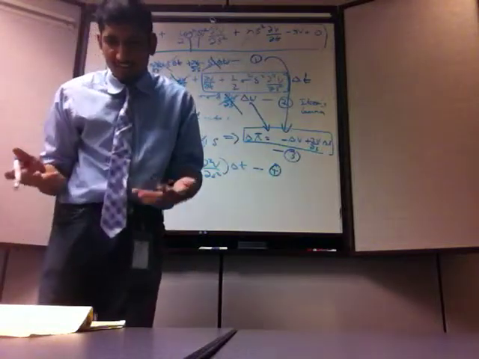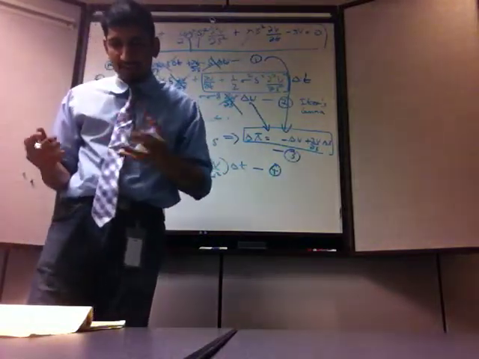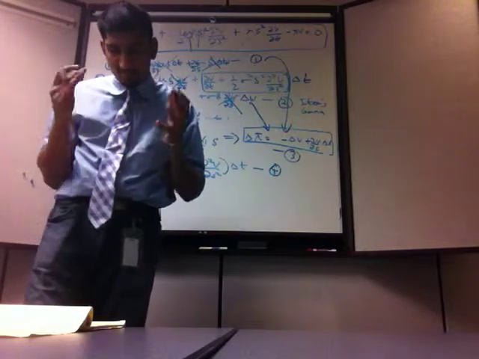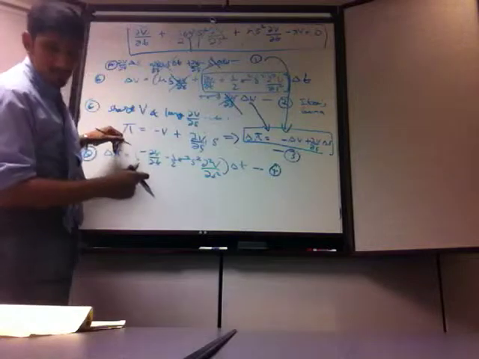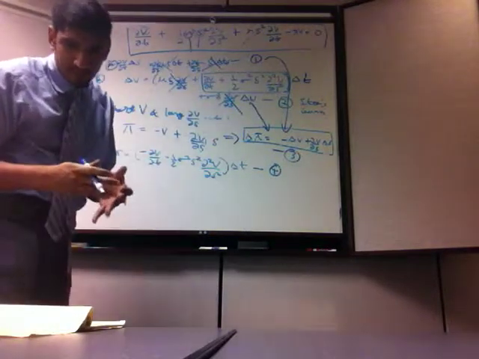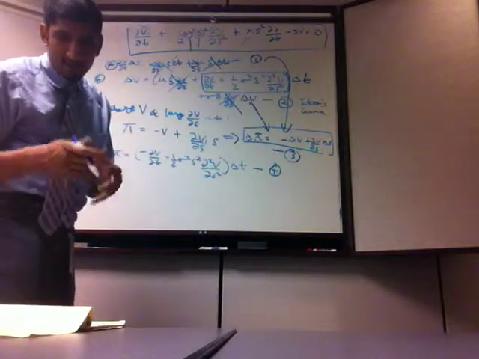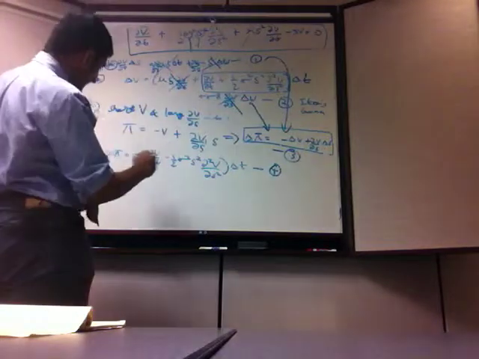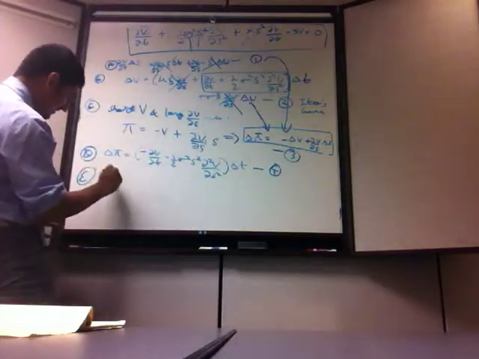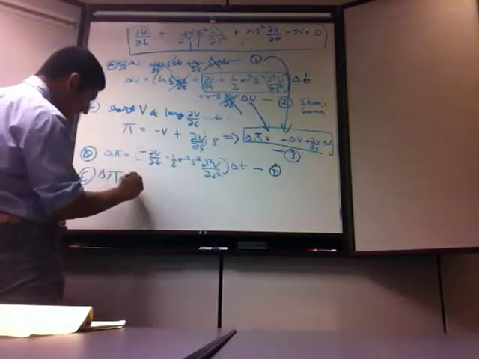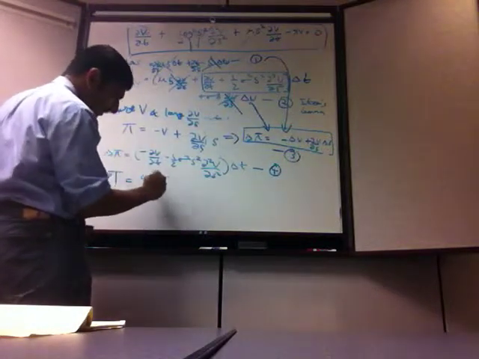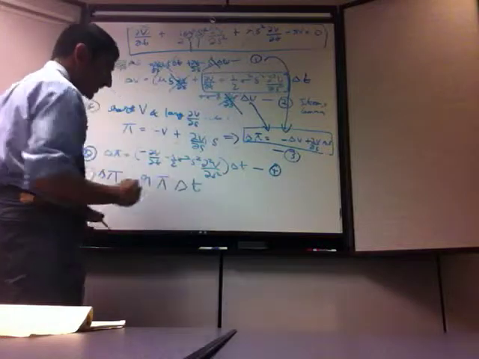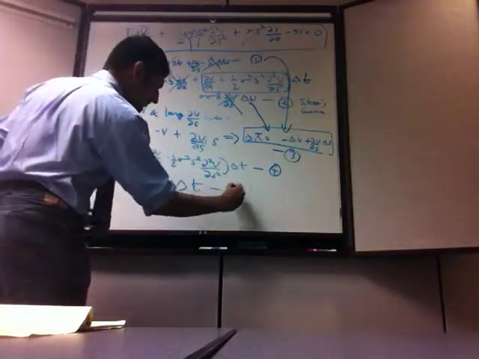Or in other words, what it's saying is that if my portfolio is worth pi, and I keep it for time delta t, and my rate of return is r, then delta pi should also equal pi times the rate of return times delta t, which is equation 5.